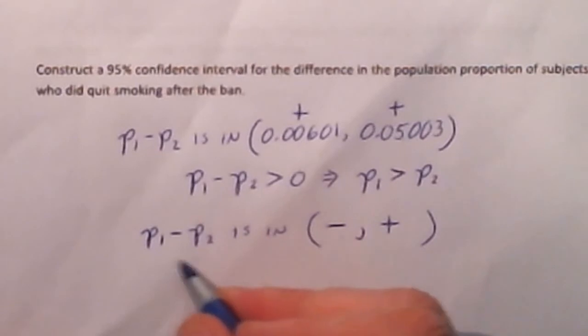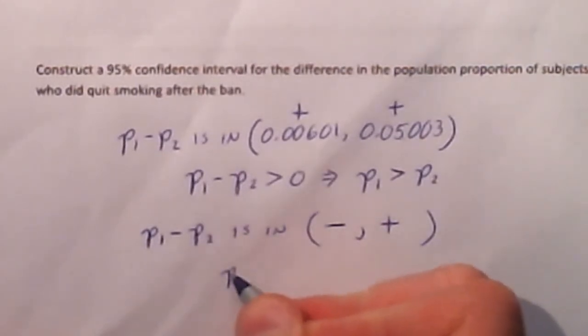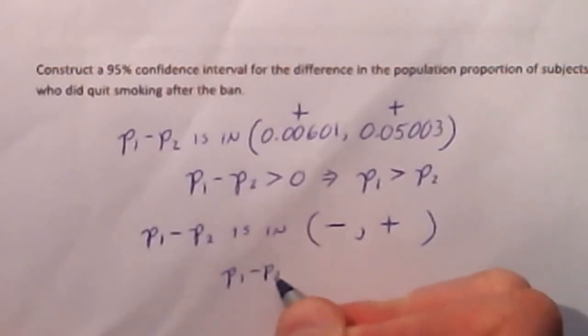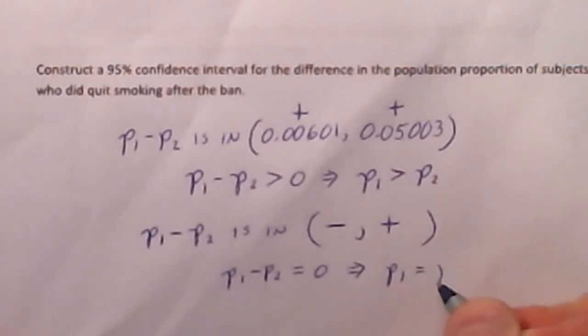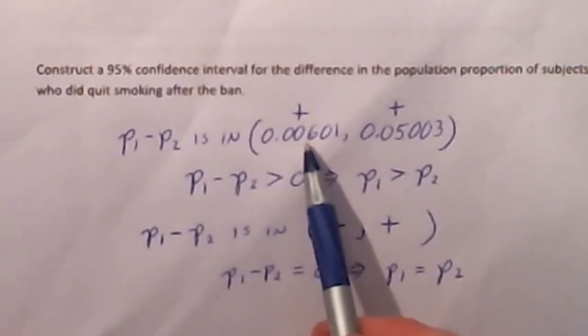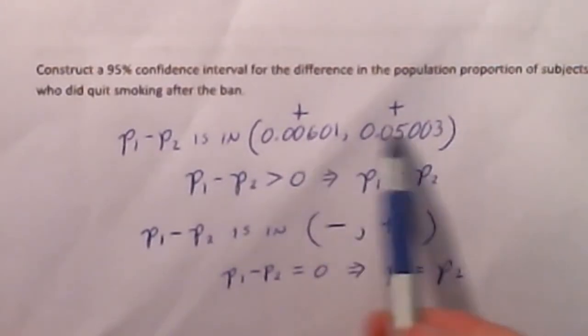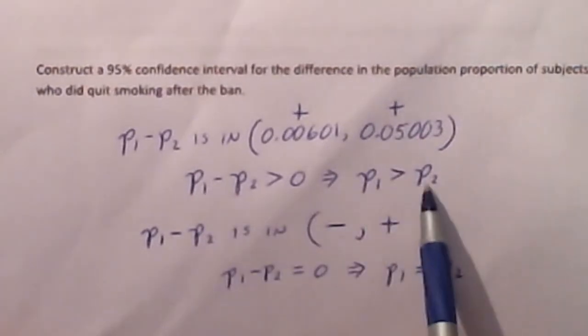So in this case, if we did get a confidence interval that was built like this, we would say that the difference between the population proportions is essentially equal to 0, which means or would imply that the population proportions are equivalent to each other. But we didn't get that. Since our confidence interval has both positive endpoints, again, we would say that population 1's proportion exceeds that of population 2's proportion.